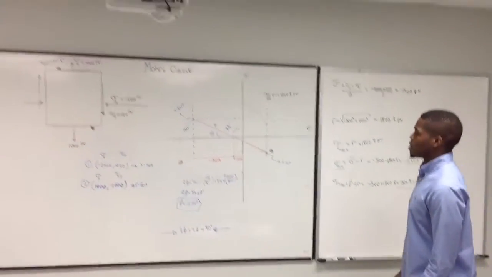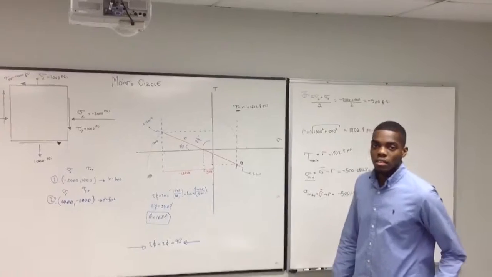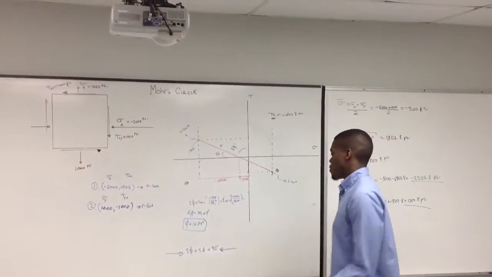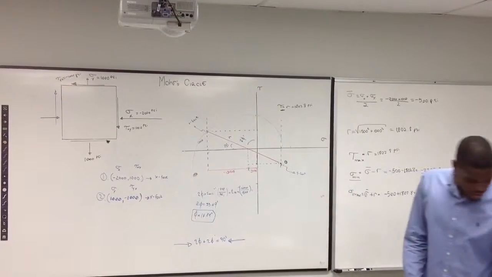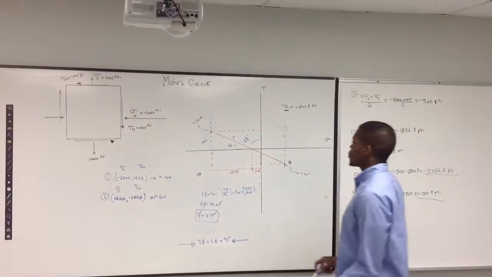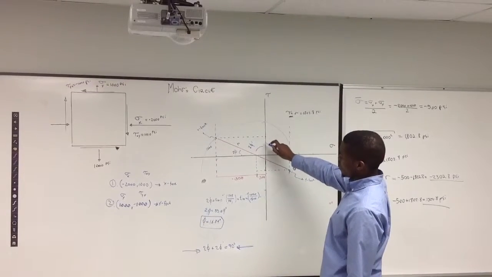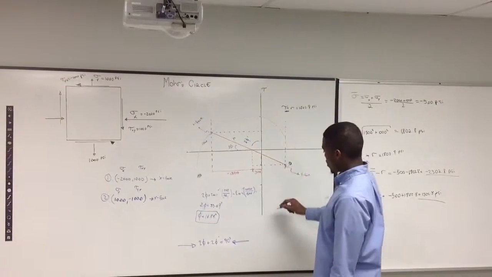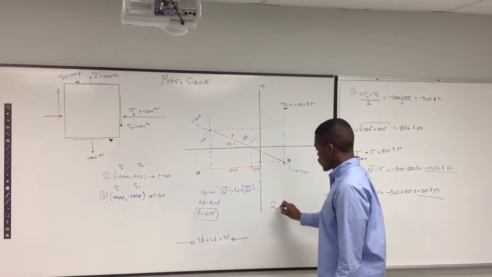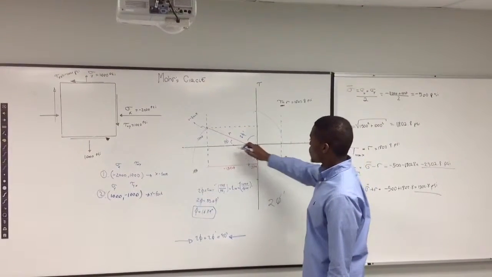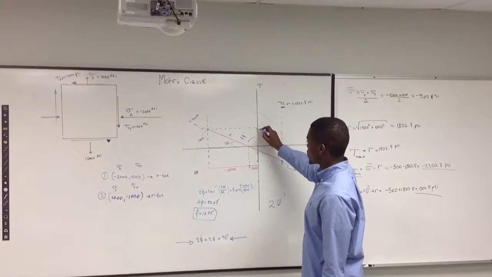Now, what do you do if you want to find the location of the maximum shear? Well, first, we would have to find the angle, which would be located right here, which is 2 phi prime. Now, from here to here would be 90 degrees.